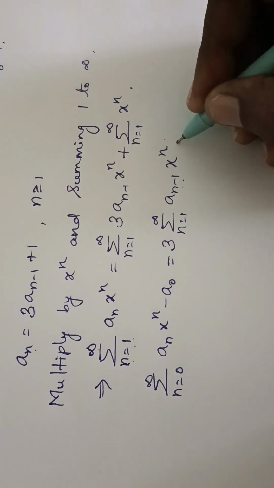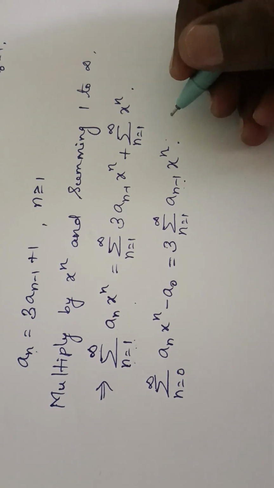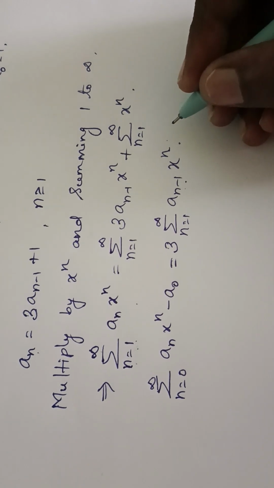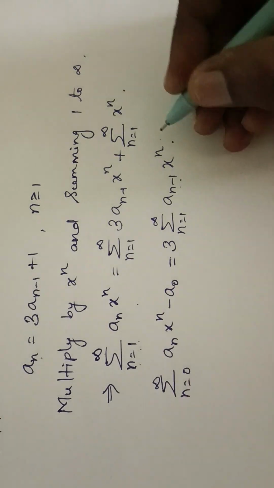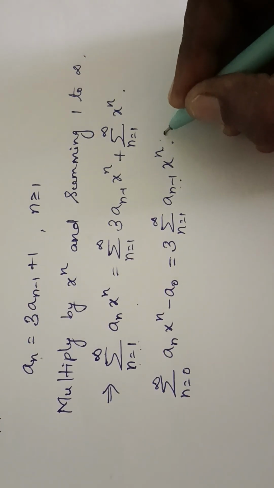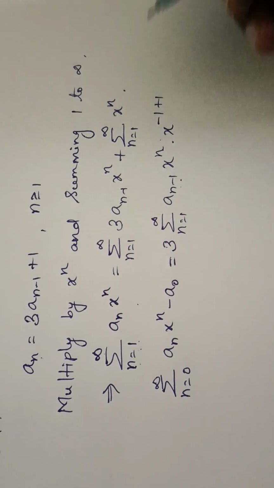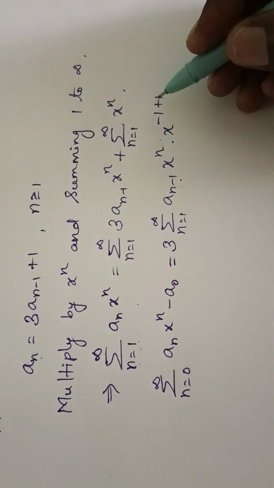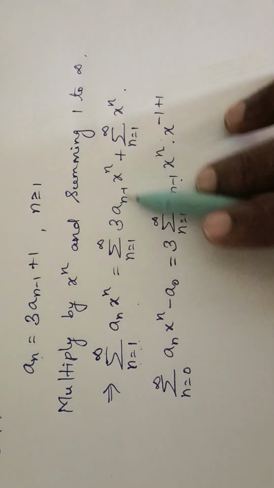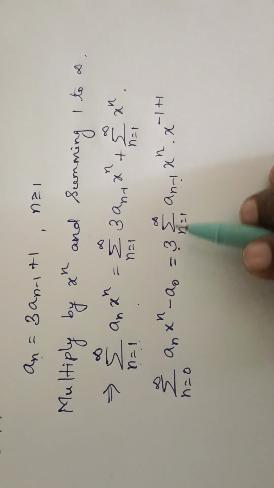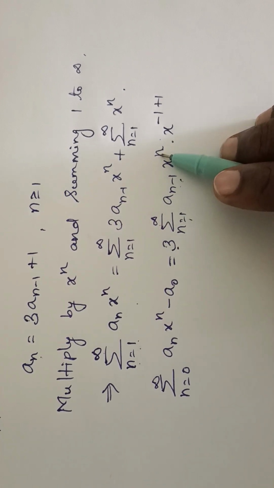So we already know the basic concept: same base means powers are added. So x power minus 1 plus 1, minus 1 plus 1 cancels, x power 0, anything power 0 is 1, so the previous value will come. So 3 into summation n equal to 1 to infinity a n minus 1 x power n.